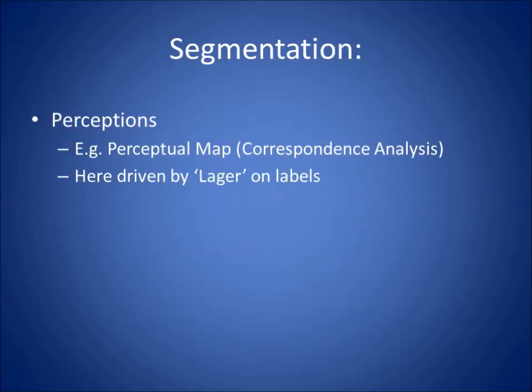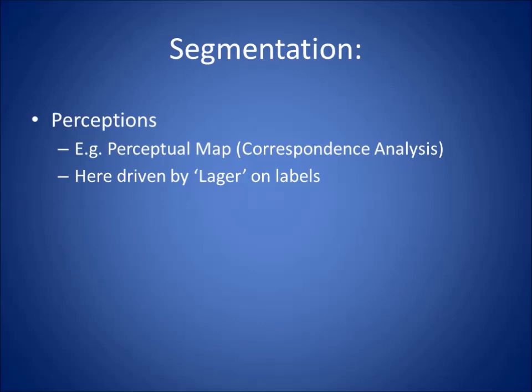What really makes this very, very impressive to me is that I started off with a perceptual map, as it would have been produced by correspondence, and interestingly enough, while I used my own perceptions, you would have seen that it was quite driven by the labels, whether the label had a lager on it, whether it had a pilsner on it, or whether it said that it was a light.